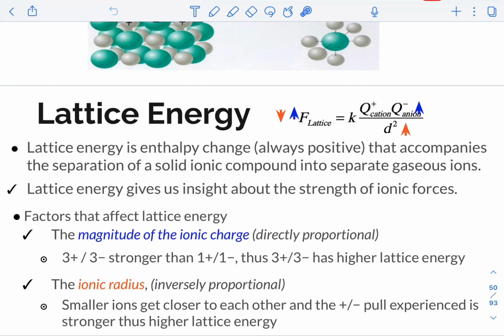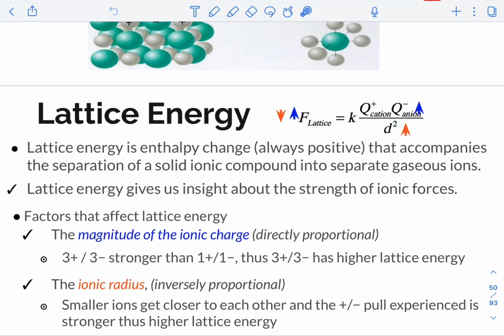We can use lattice energy to figure out how strong the ionic forces are, how strong those attractions between the positive and negative are. So we can use Coulomb's law, and here you'll see F lattice, lattice force. We have our constant that we don't really care that much about, and then we have the Q, the charge of the cation and the anion, and the distance on the bottom between the two.